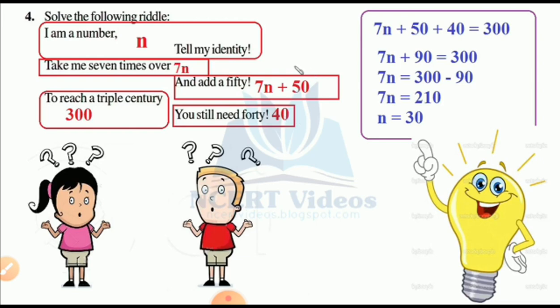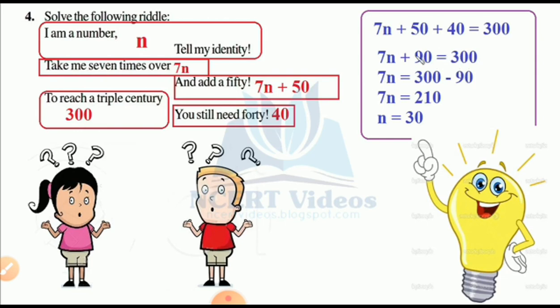Equation you are here. Confused? Okay. 7n plus 50 plus 40 is equal to 300. Yes. Now 40 plus 50, addition is 90. Correct. 7n plus 90 is equal to 300.